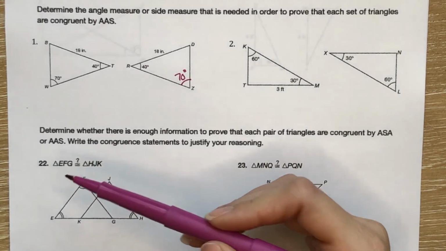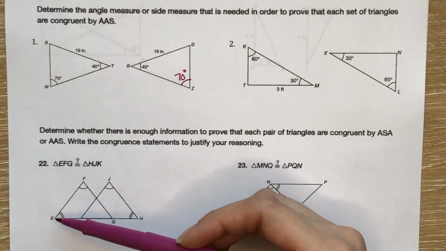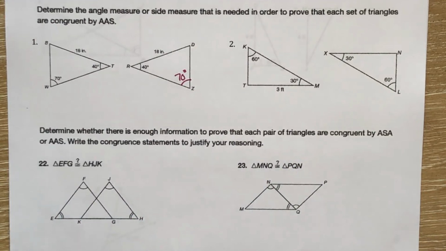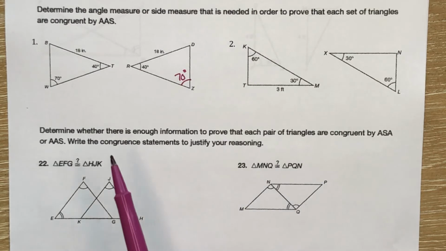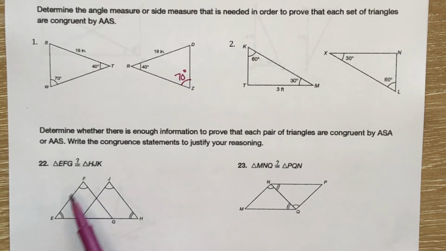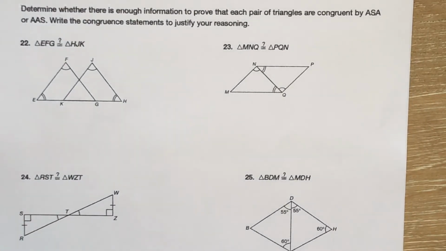We have two angles that are congruent, and then we have two more angles that are congruent. But we're going to need either the side between the angles to be congruent for angle, side, angle, or we need to have angle, angle, side. But you guys, they have not given us enough information on this one, so we actually cannot say that those two triangles are congruent to each other.